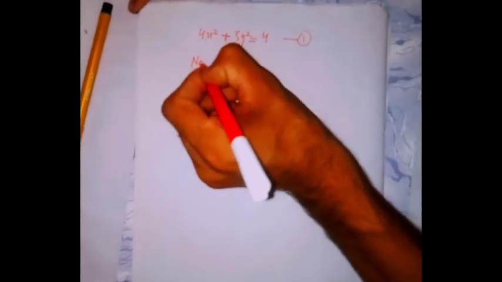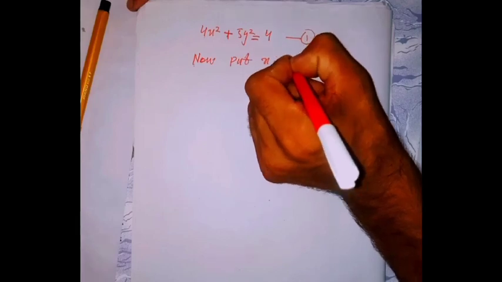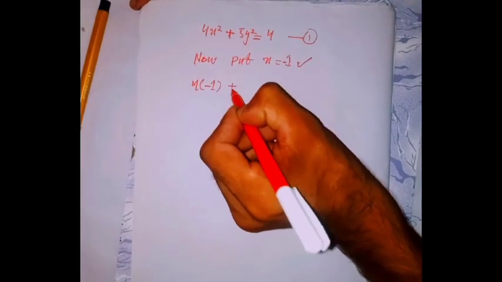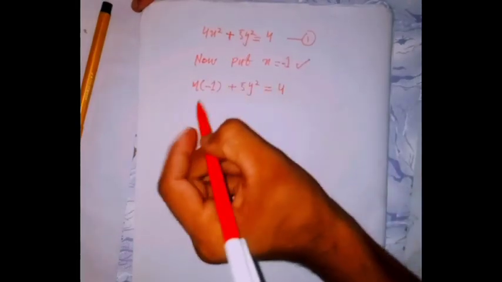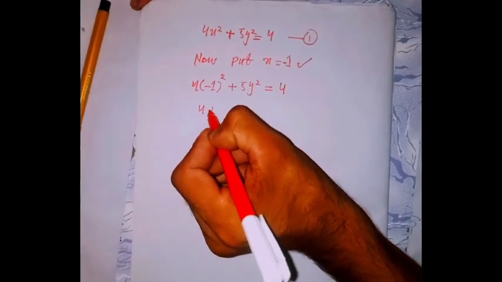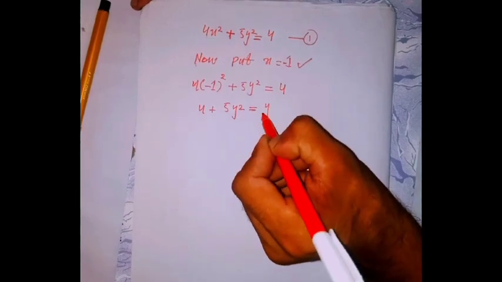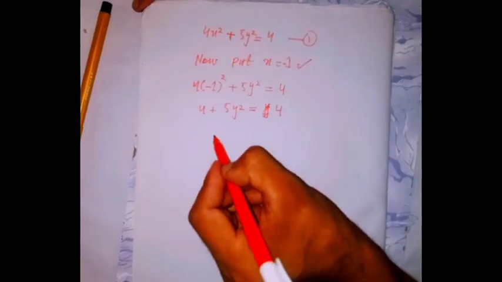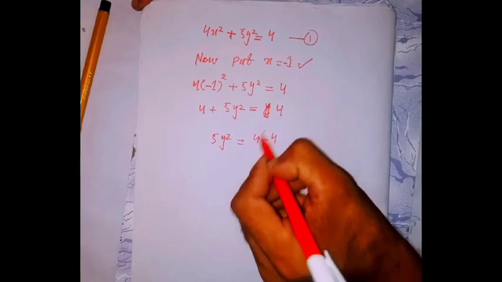Now again we have 4x square plus 5y square is equal to 4. It's equation number 1. Now we will put the value x is equal to minus 1. So we get 4 into minus 1 square plus 5y square is equal to 4. From here minus 1 square is 1, so again 4 plus 5y square is equal to 4. Now if we subtract 4 from both sides, we get 5y square is equal to 0.